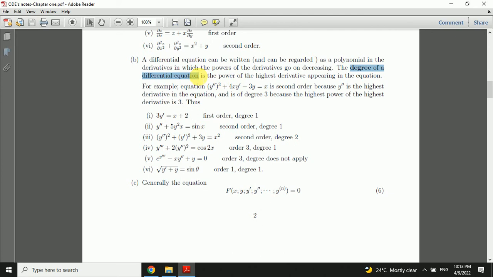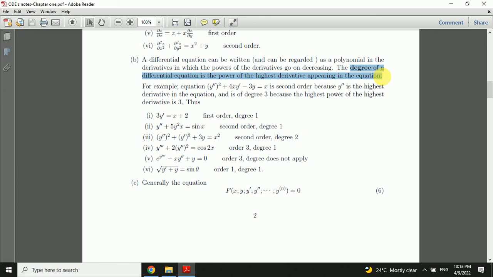And we are saying that the degree of a differential equation is the power of the highest derivative appearing in the equation. So given a differential equation, look at the highest derivative. And by the highest derivative, we've already looked at when we were looking at the order.